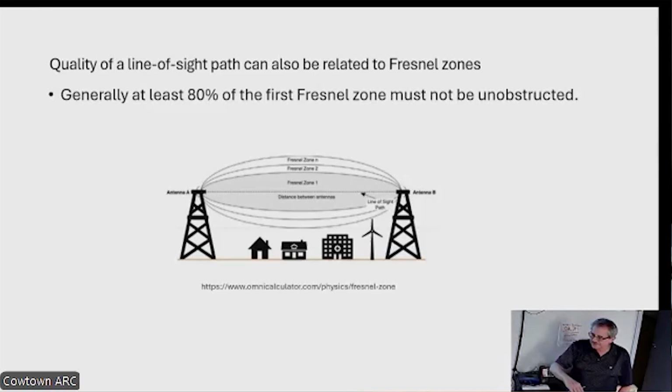Water vapor, partial pressure, atmospheric pressure and temperature all play into the refractive index of the air. As that varies with height, it determines which way the wave will bend. If the wave is influenced to bend downward, that could put an additional restriction on how high you need to be above the obstacles.